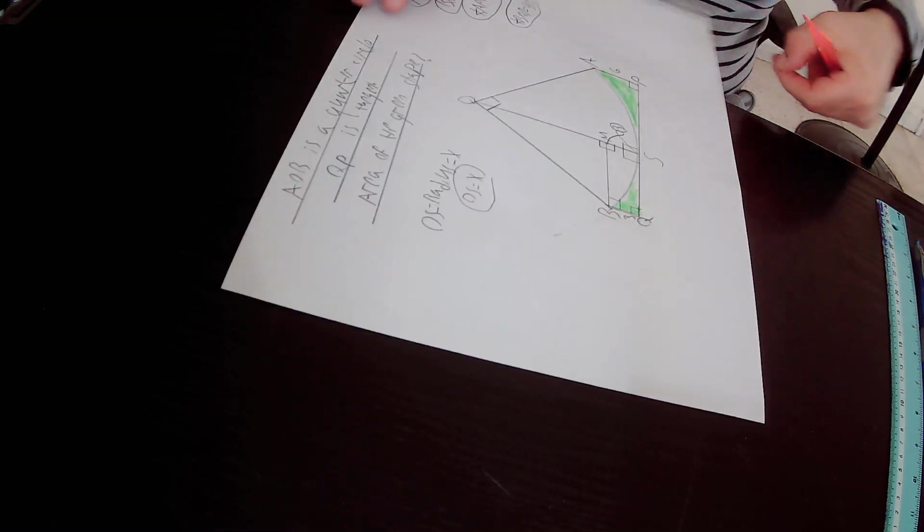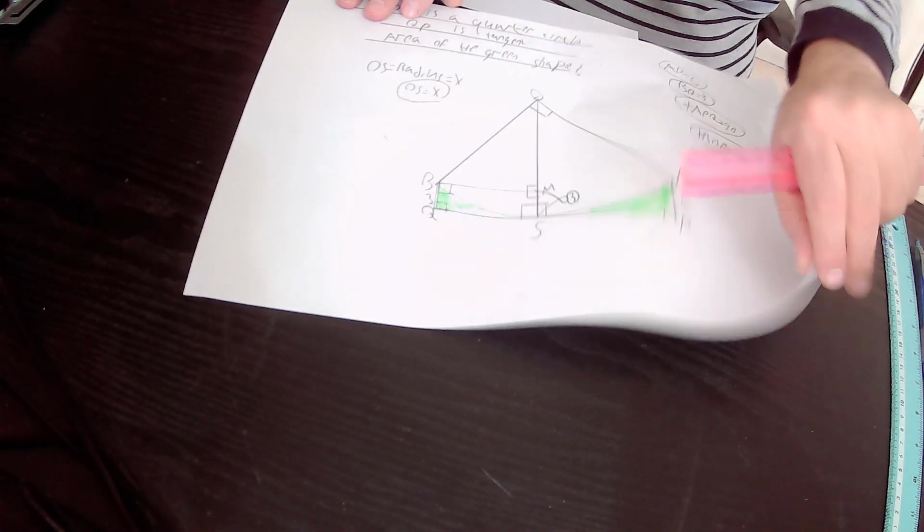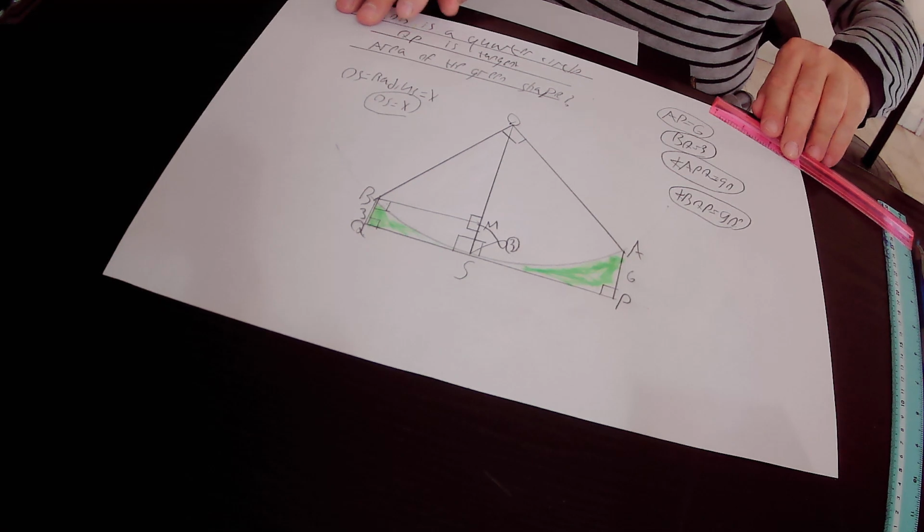We also have the rule that the opposite sides of a rectangle are parallel to each other.